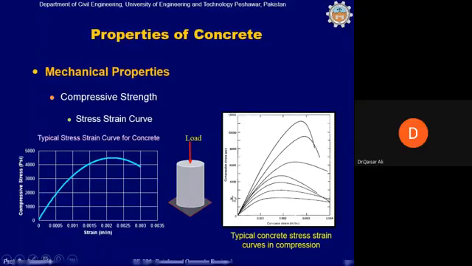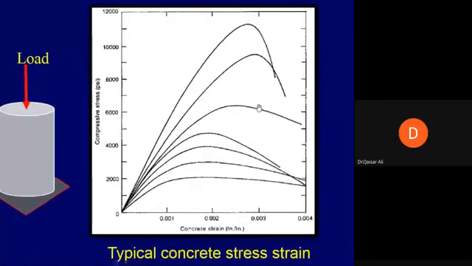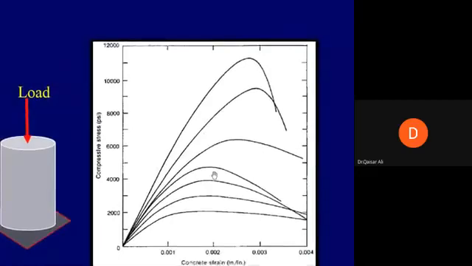Okay. You can also see the different curves on the right now in magnified view. These are different curves for 2,300, 3,000, 4,000, 5,000, 7,000, 8,000 psi concrete, and there is a peak, and then there is a downward branch of this curve for every cylinder.